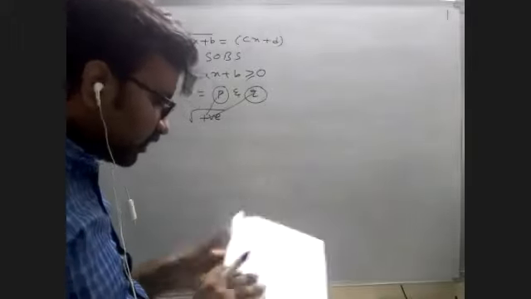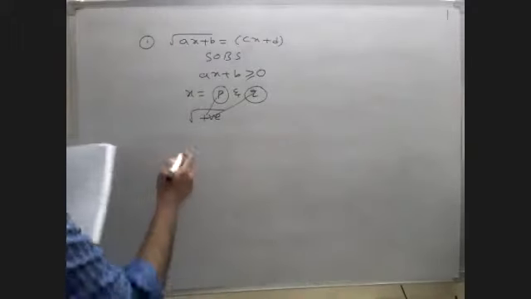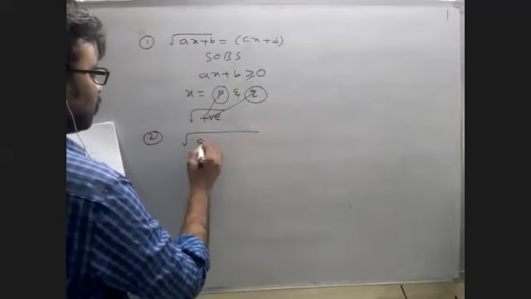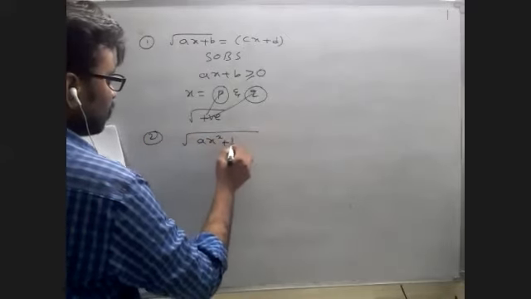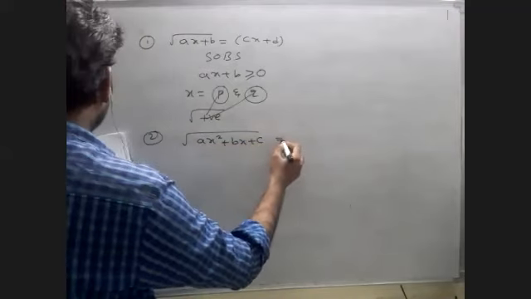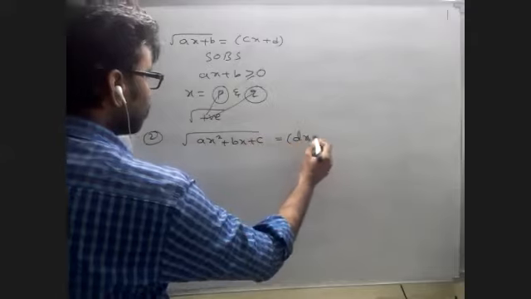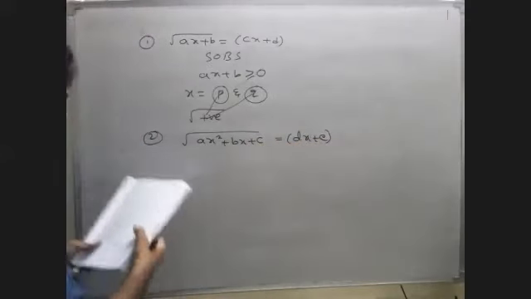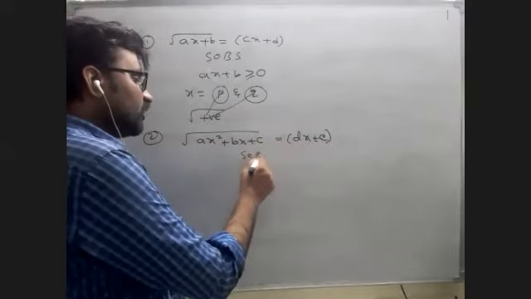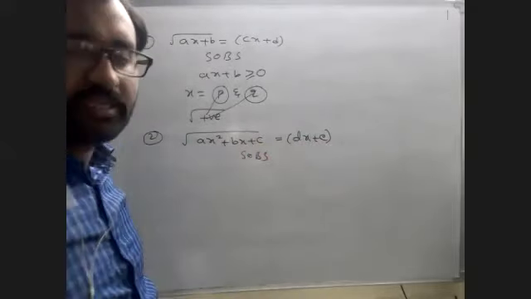And there is one more model. If you have a question like this, root over the quadratic expression ax square plus bx plus c is equal to dx plus c, here also by squaring on both sides you will get the solution set of x values.